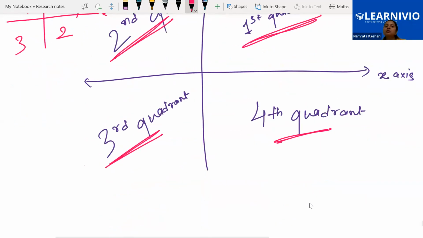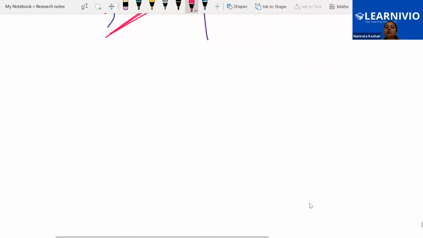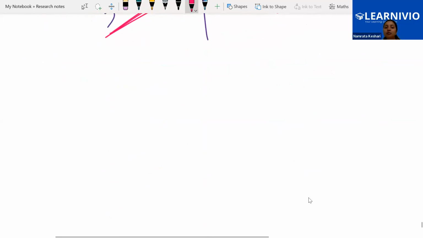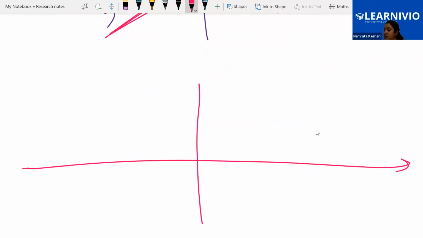Now, if you have understood how to locate a point, one more thing I'm going to explain. When we have the coordinate system like this, x-axis, y-axis, this is also x dash we write, and this y dash we write. Here we located O. O means here the coordinate x is 0, y is 0.